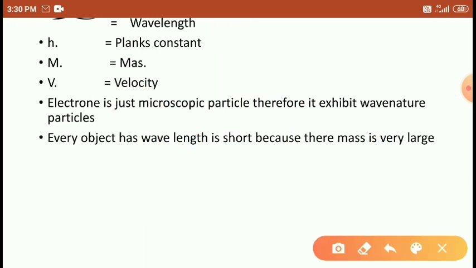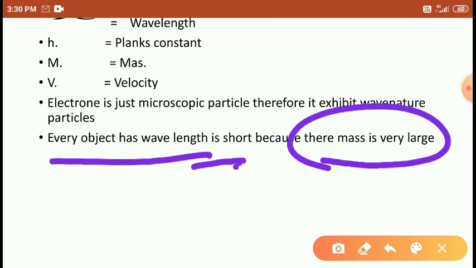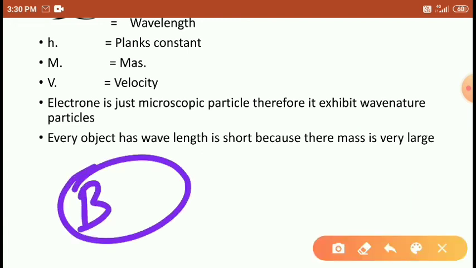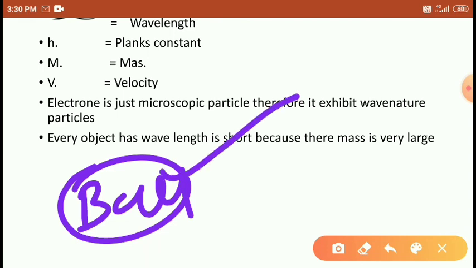And for every large object the wavelength is very short because its mass is very large. For example, heavy objects like a football or a ball.